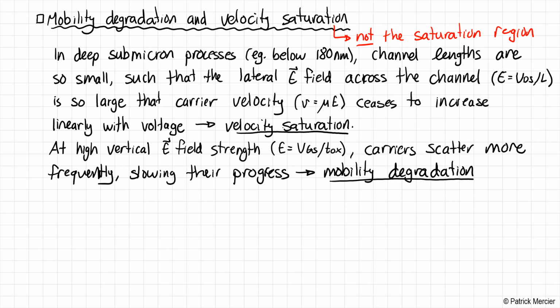Okay, so there's two different effects here. Both have to do with when we have large electric fields across the device, which generally happens when we are in a deeply scaled CMOS process. And both of these things basically slow down the charge carriers in the device. Okay, this is a very quick explanation. If you want to read more, I suggest you take a look at the textbook.